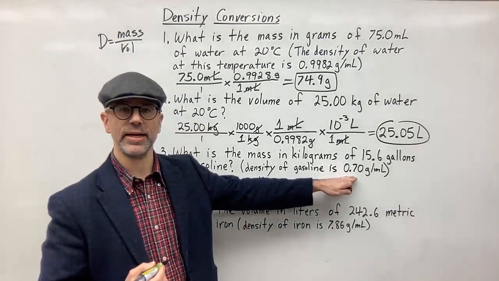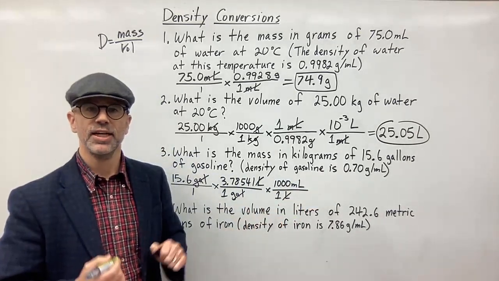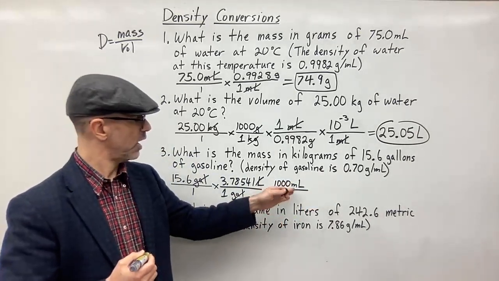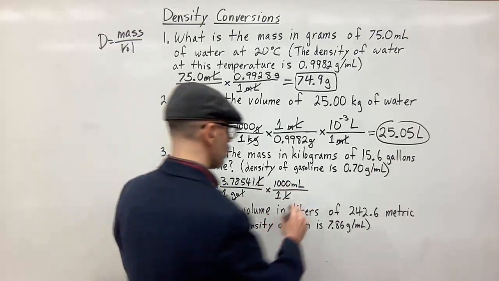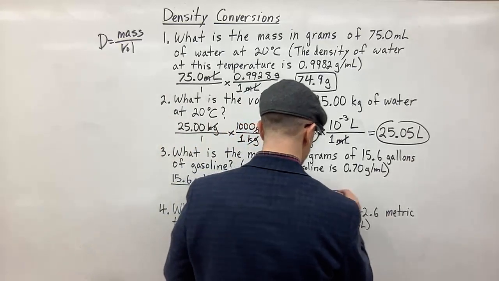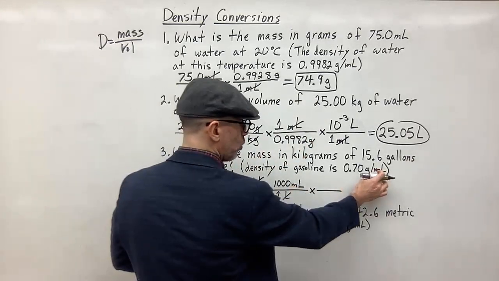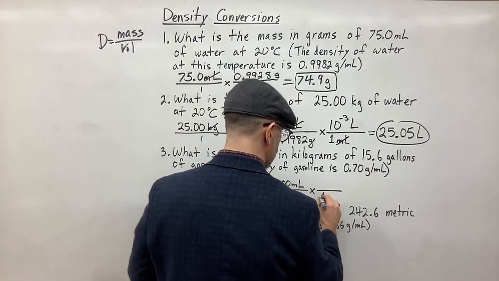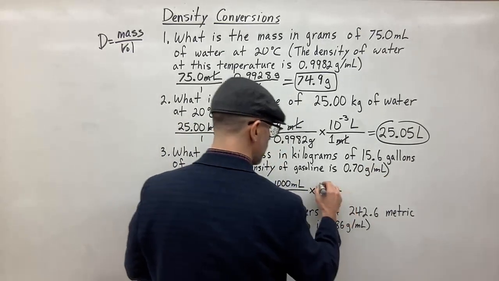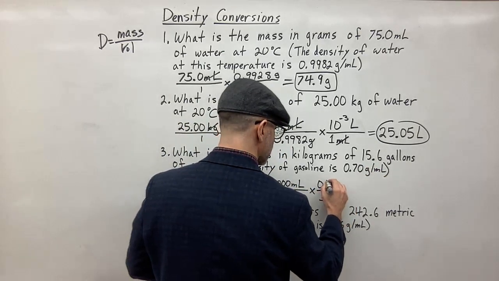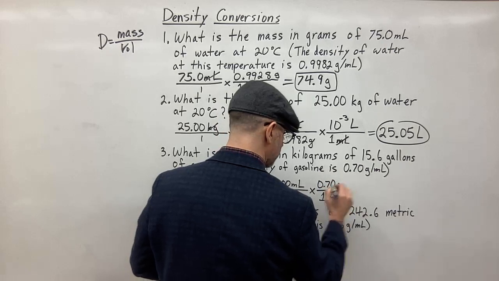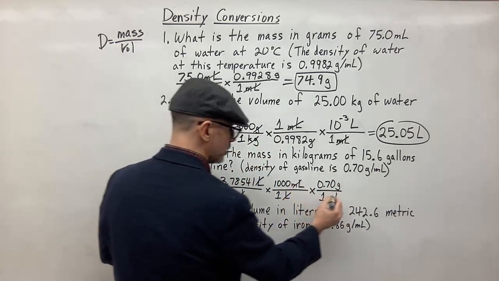Now I can go ahead and use the density to convert to grams. So since I have milliliters on the top, I'm going to put 1 milliliter on the bottom, 0.70 grams on top. So milliliters cancels out.